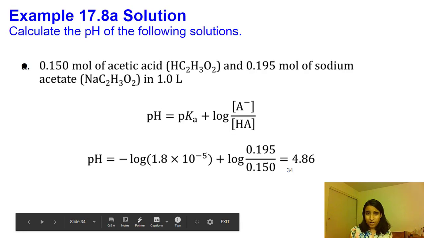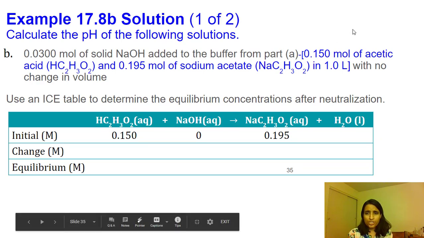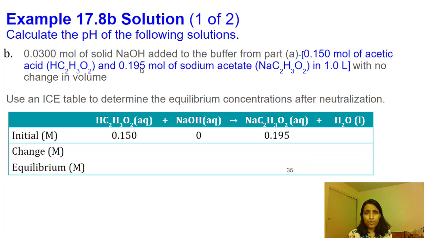Now for the second part where NaOH is added, we need an ICE table. So let's go ahead and read the question again. We originally had 0.150 mole of acetic acid and 0.195 mole of sodium acetate. When we write our equation, the first thing is the equation.